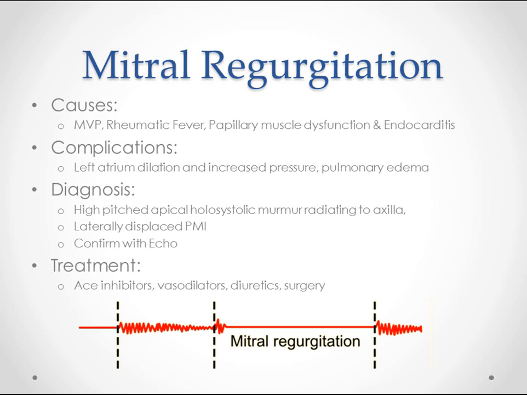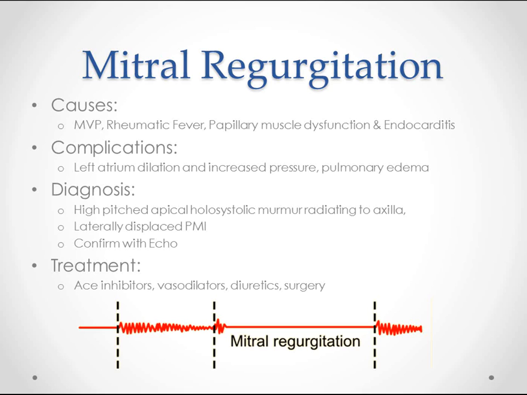And in order to treat it, ACE inhibitors, vasodilators, diuretics, and surgery. So the main idea is if you've got this extra pressure going backwards, if we can reduce the systemic pressure, then more of that is going to go out through the aorta instead of back up into the atrium.